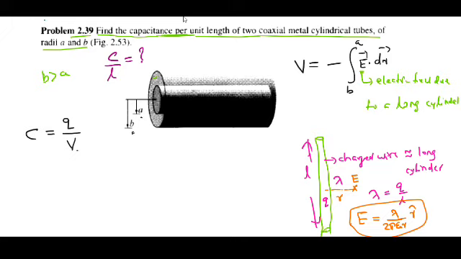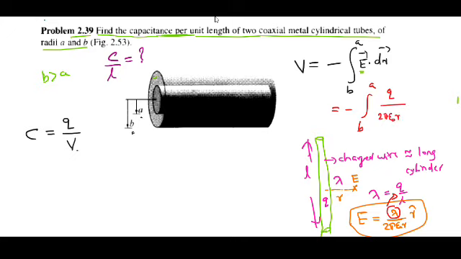Now what I will do here is, instead of this lambda, I will substitute this Q by L. Therefore, this electric potential can be written as minus of B to A, Q by L divided by 2 pi epsilon 0 r, r cap dot dr r cap.